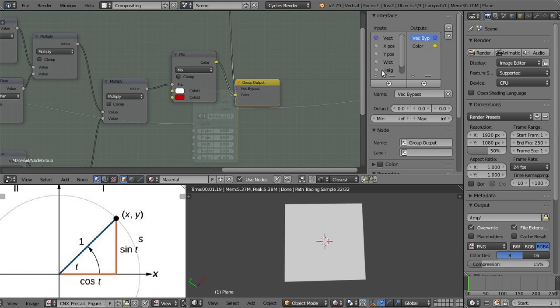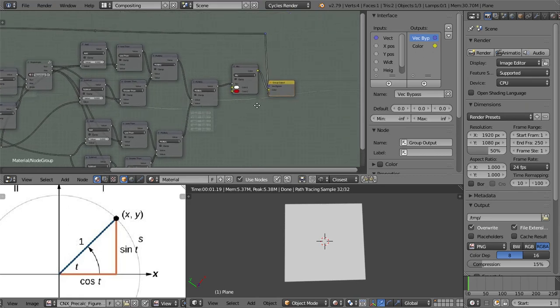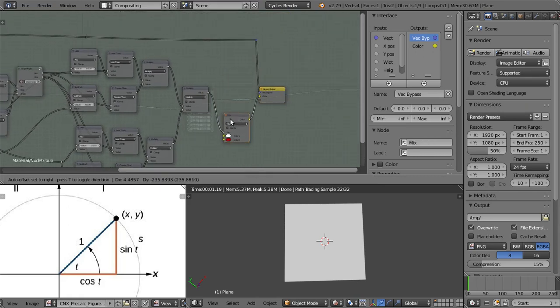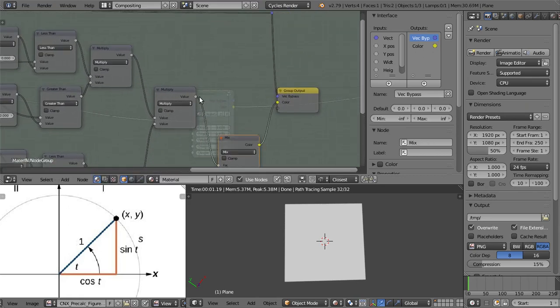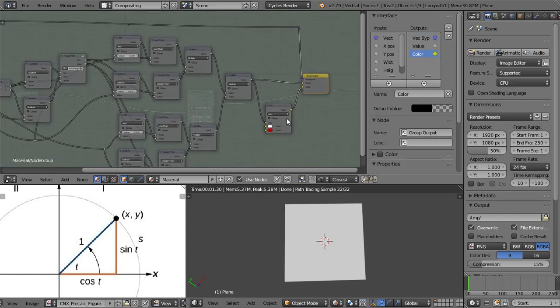I'm going to move it up so it's on top. And we want vector. So just like pull one.